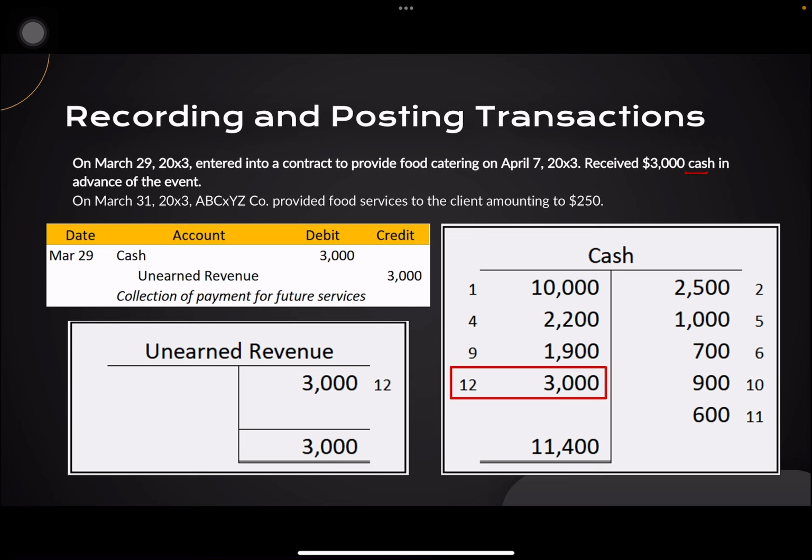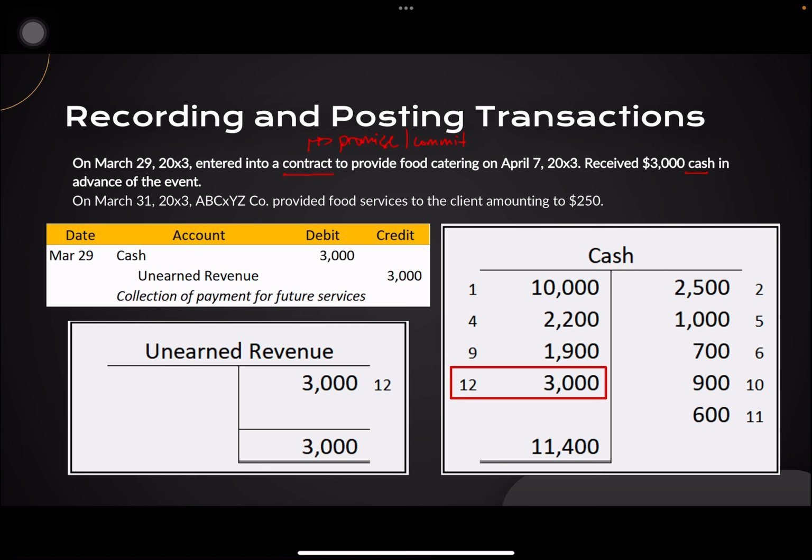We have an obligation that we will provide food to our customer on April 7, and this obligation is yet to happen. So this is still a promise or a commitment. So in this case, you have cash in the form of an asset and an unearned revenue or a promise in the form of a liability.